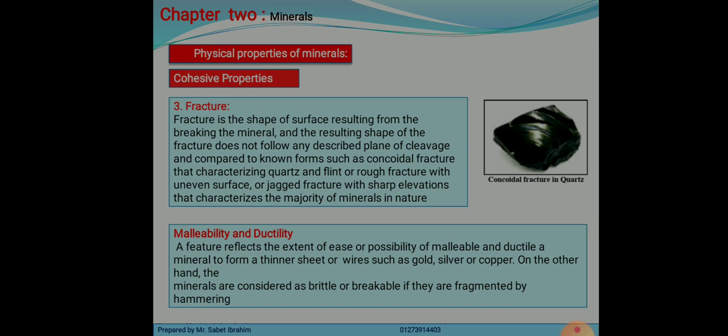So the ability of a mineral to make thinner sheets or wires makes it a malleable or ductile mineral, like gold, silver, and copper.